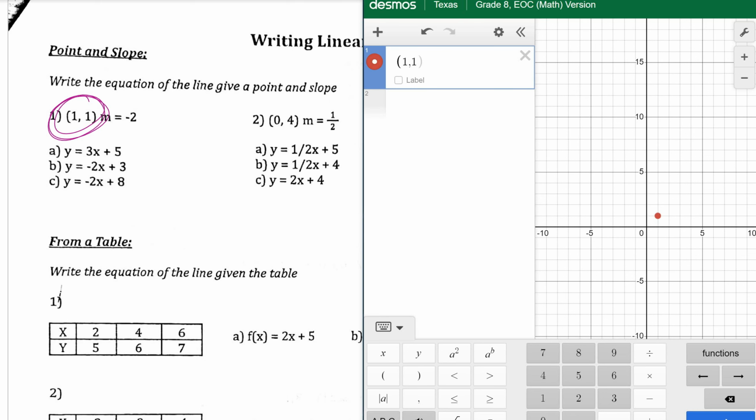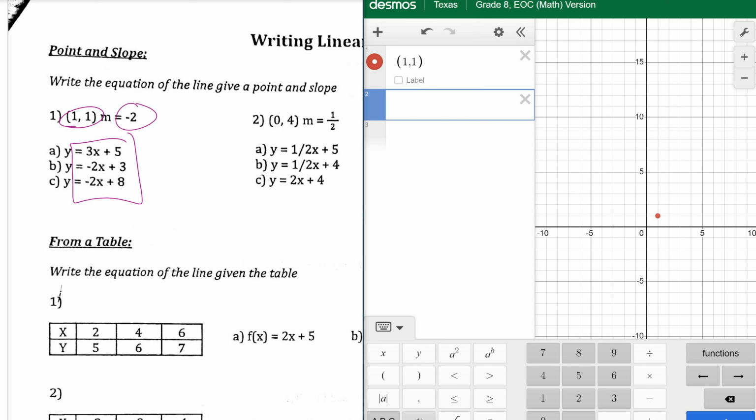There's the point. It appears. Now, you can't type in just a random slope when it's not attached to anything, so we just write the point, and then we can do this. Now, the slope obviously can help us identify which ones we shouldn't even pay attention to. Obviously, this first one doesn't have the right slope, so it has to be either B or C, and then we just type them in on Desmos.